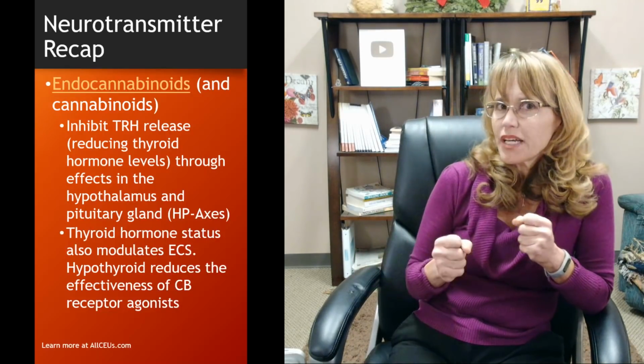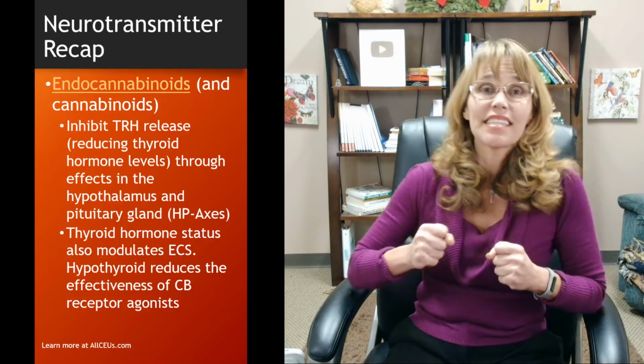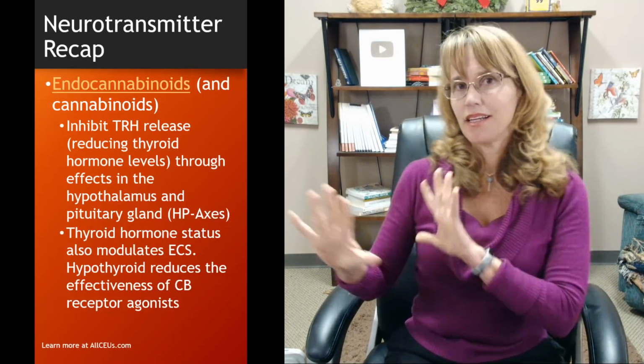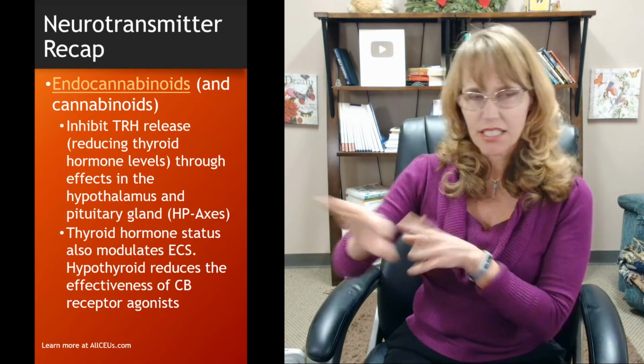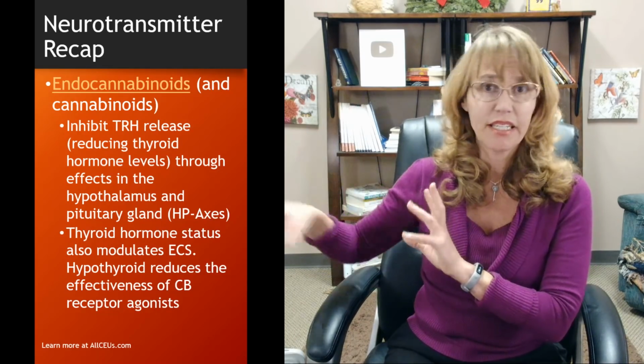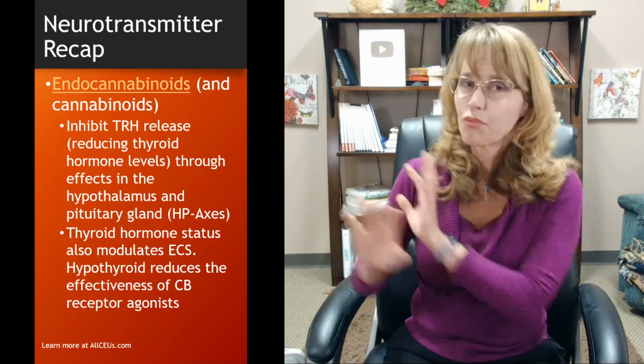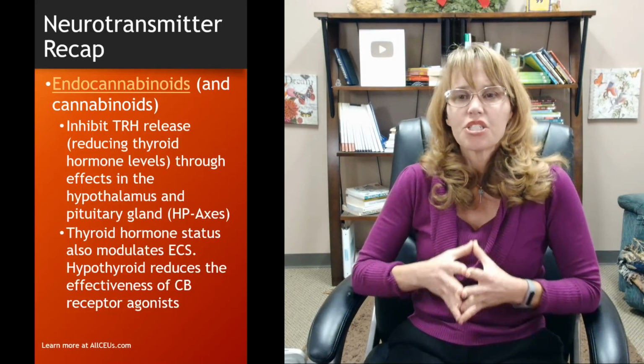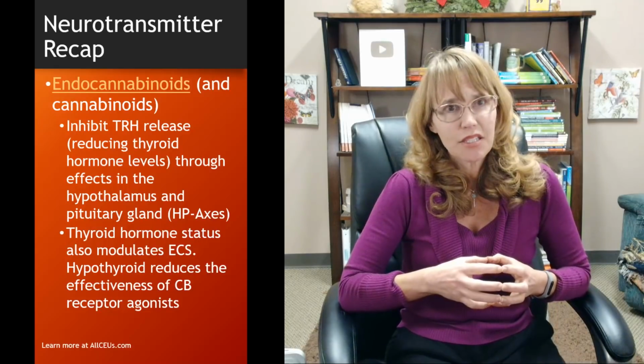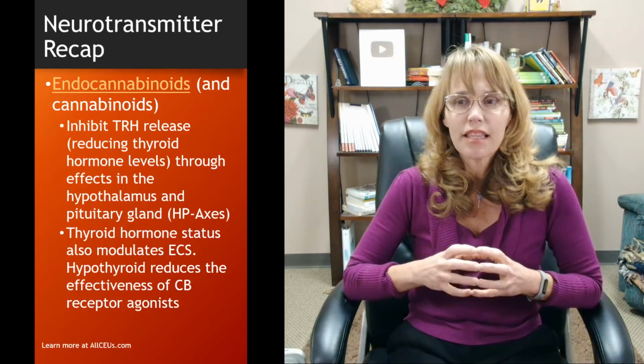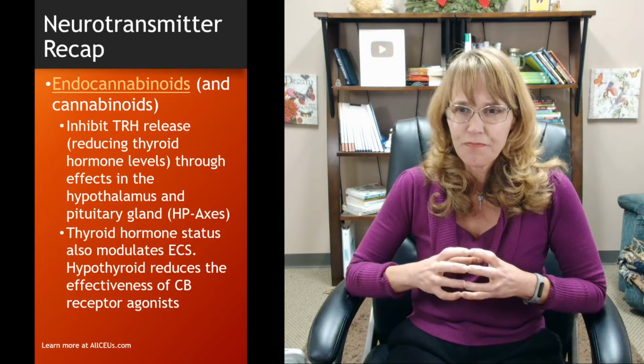So what they're doing is relaxing the system, basically. They're saying, no, we're not going to release T4, convert it to T3, and get the system all worked up. We're just not going to do it. So endocannabinoids, just like GABA, can inhibit thyroid hormone levels.